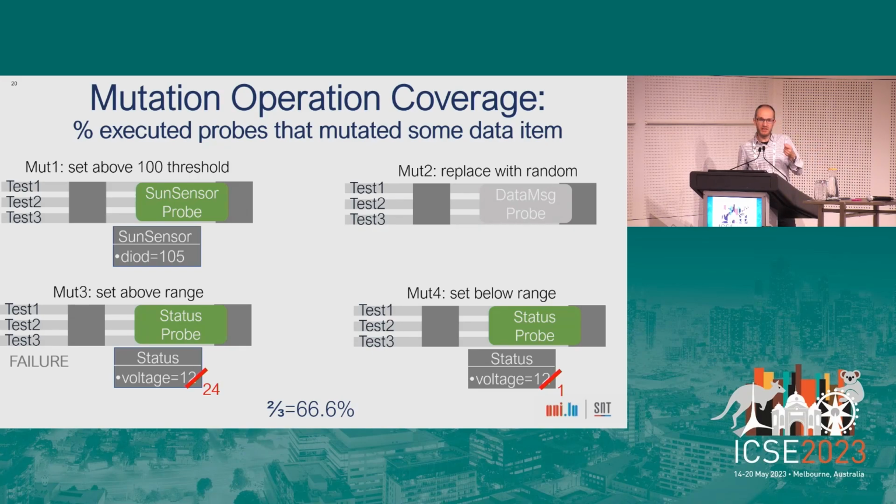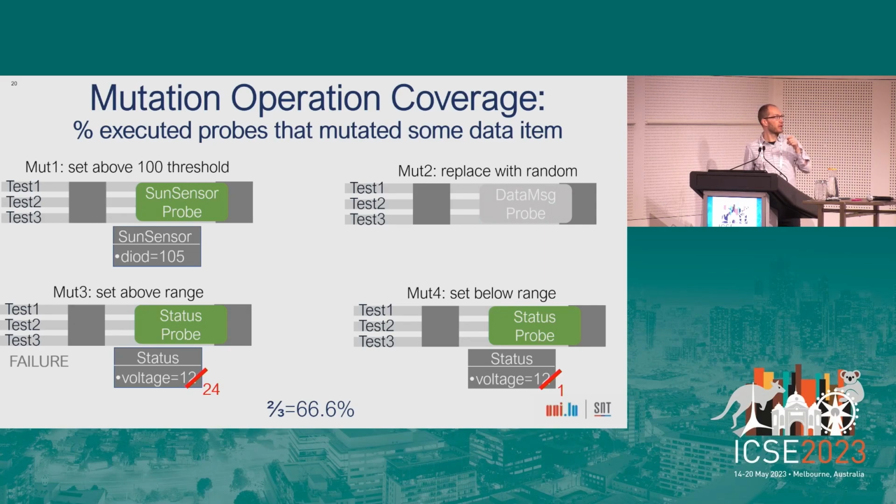Remember, we have this idea that one mutant modifies an input that belongs to an input partition with a value that belongs to a different input partition. So if the mutant does not modify anything, it means that it does not find any value belonging to the input partition that it is targeting.